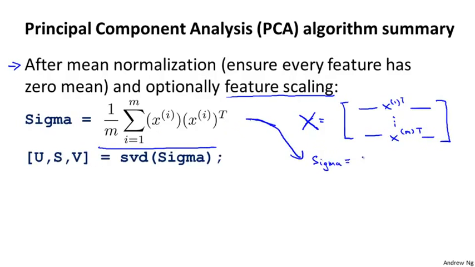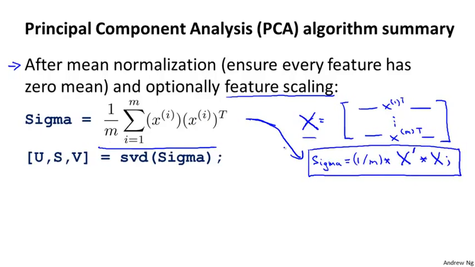You can implement sigma equals 1 over m times X transpose times X, where X is this matrix up here, and this simple expression is a vectorized implementation for how to compute the matrix sigma.